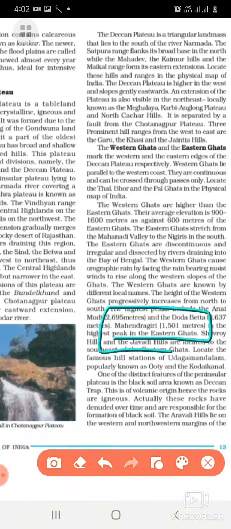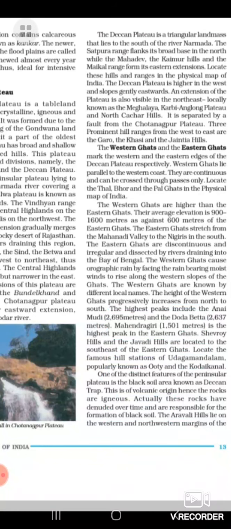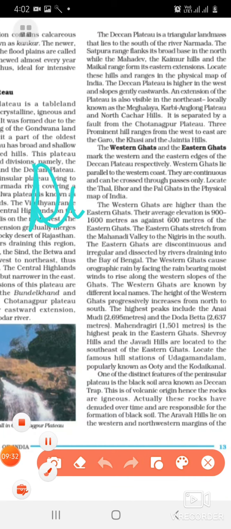Do remember that Mahendragiri of the Eastern Ghats is the highest. A distinct feature of the peninsular plateau is that it has black soil. In this area black soil is found, and this is known as the Deccan Trap. Please remember this term, Deccan Trap.